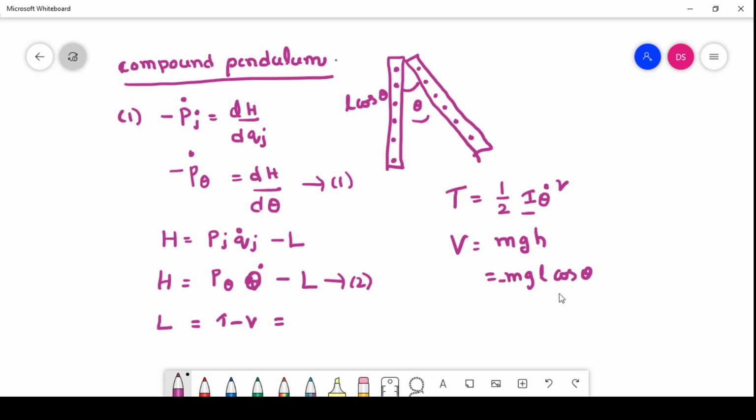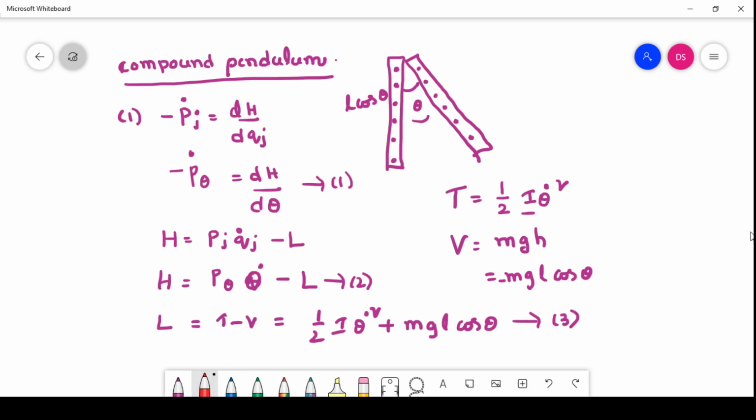There is not much change in the length, so the potential energy can be written as minus mgl cos theta. So L is equal to half I theta dot square, minus of minus is plus mgl cos theta. So the L function we got is equation 3.